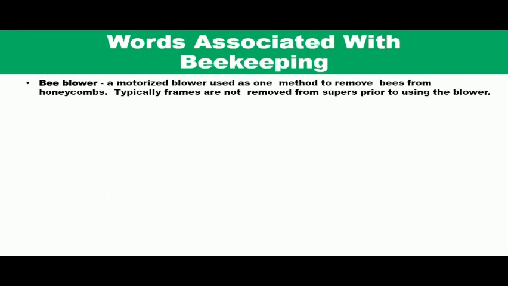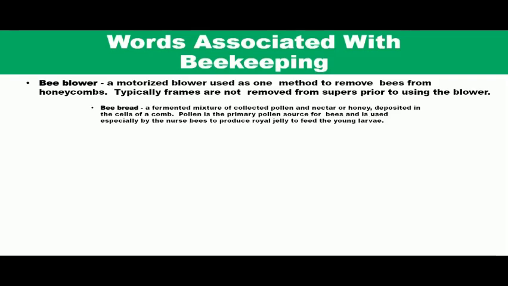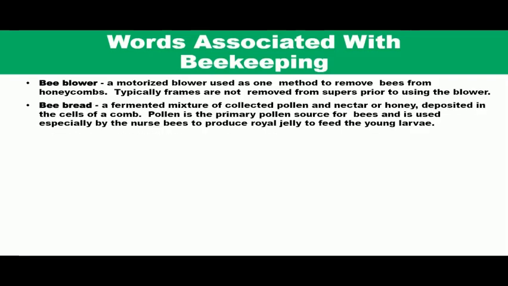Bee blower is a motorized blower used as one method to remove bees from honeycombs. Typically, frames are not removed from supers prior to using the blower. Well, these are technical terms. Then you have the bee bread.